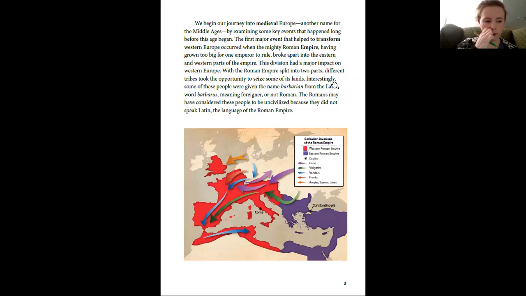So I'm going to write on page 3, the event that I saw that was important was that the Roman Empire grew too big and broke apart into the eastern and western parts of the empire.